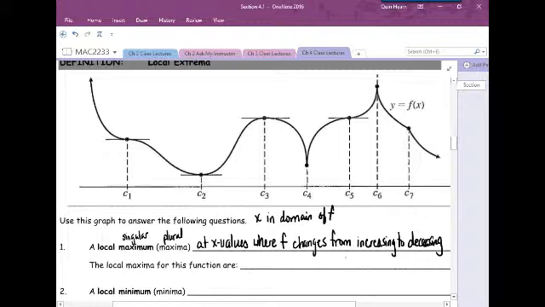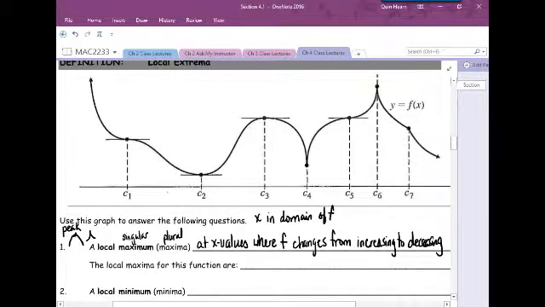In other words, a local maximum is a hill, right? It looks like this. So where do we have a hill or a peak? A peak is probably a better way of putting it because it might be a nice rounded hill or it might be pointy. So where do we have local maxima?